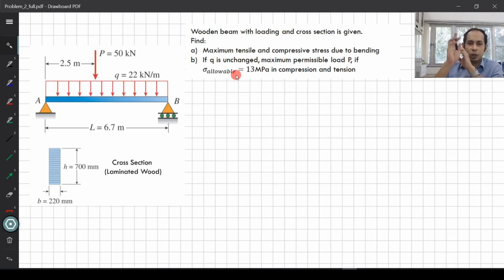Now, from the looks of the problem, it seems pretty straightforward. It's very similar to what we did previously, but the only difference here is that the bending moment is not constant throughout.